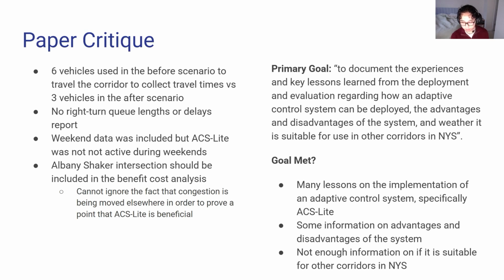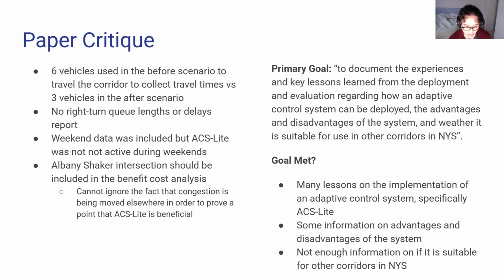And then also there was some information that we got in terms of advantages and disadvantages of the system. Same thing, going back to limitations. But I would say one thing that was not met was deciding whether or not it is suitable for use in other corridors in the state of New York.